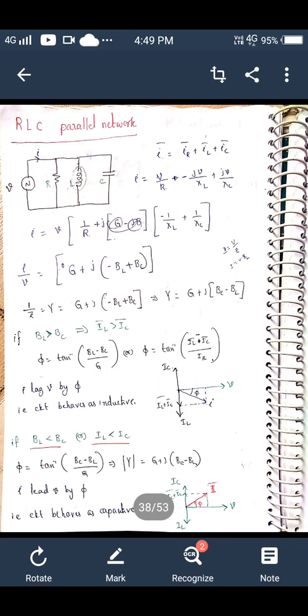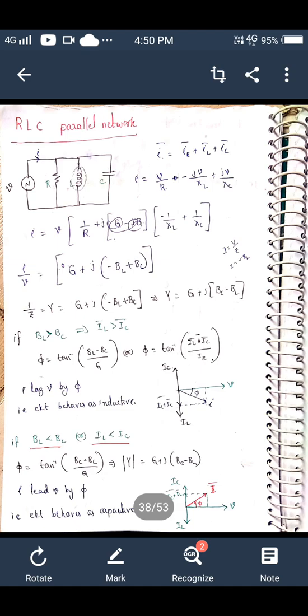Now parallel RLC network. See, a parallel combination of resistor, inductor, capacitor is connected with a supply voltage source. Then if we apply KCL, we get the supply current equal to the vector sum of IR, IL, IC.